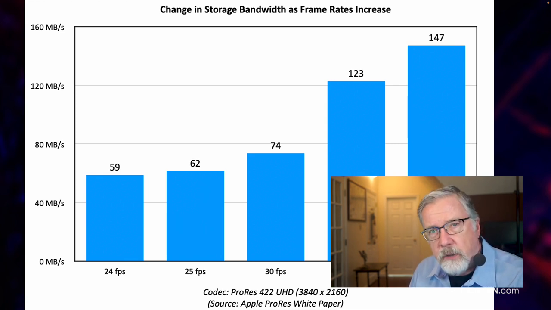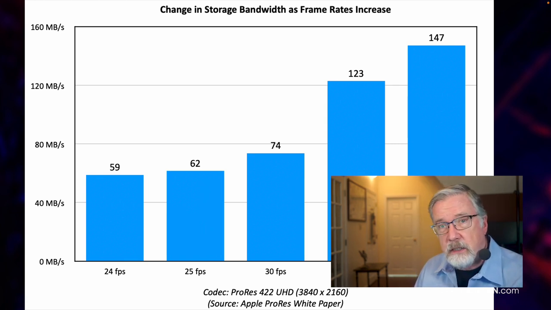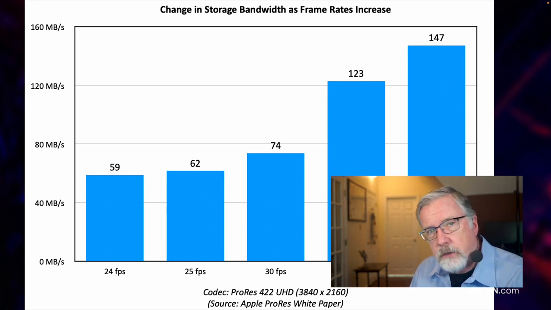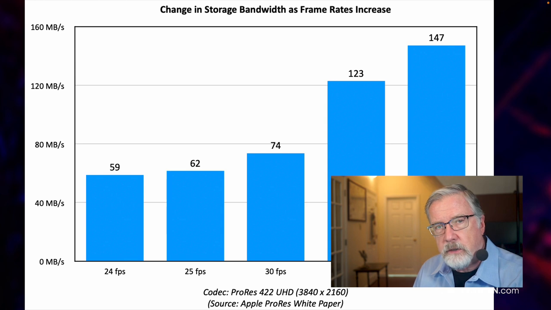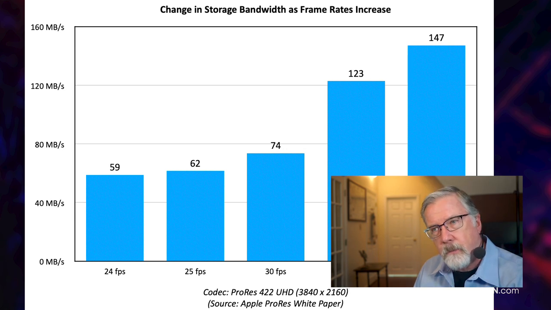How hard can it be? Well, surprisingly difficult. So much so that a single hard disk, especially an inexpensive one connected via USB-A, may not have the performance necessary to support the frame rate and frame size and codec that you want to edit.